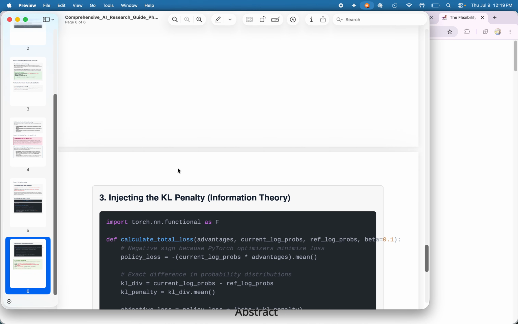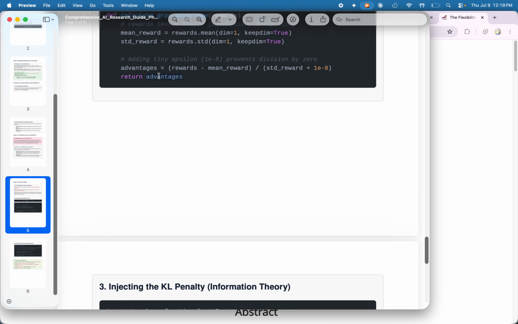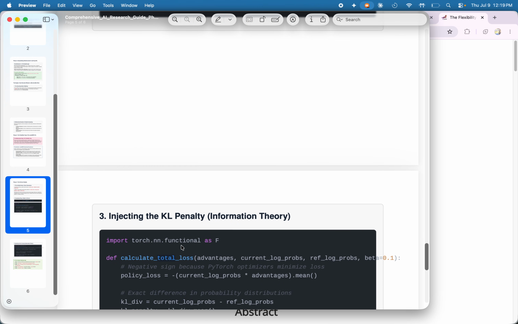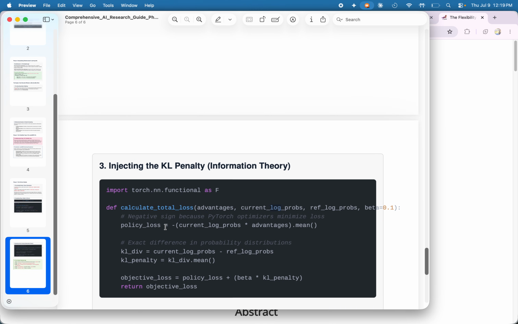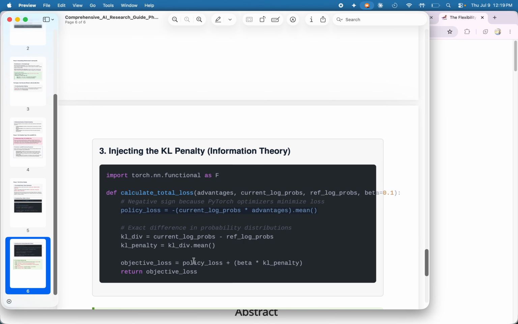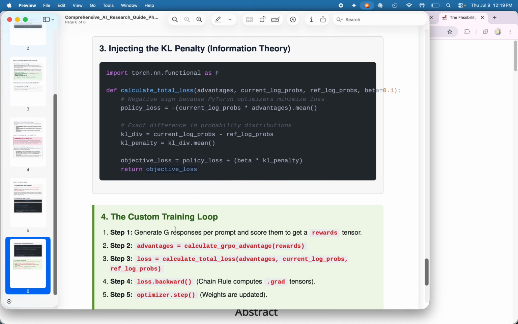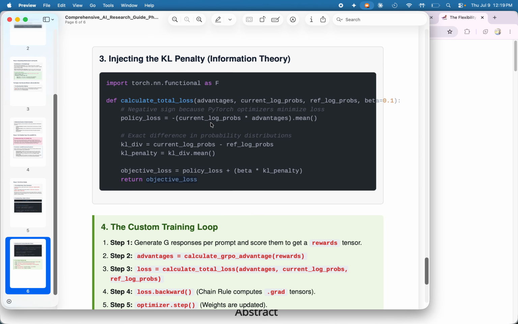To make sure we are not updating way too much, we also do a KL penalty. So we pass the advantages, then current logs, ref logs. So we have the loss and then this is the formula for KL divergence. So we have the objective loss now. So first we calculate the advantage and then we apply the KL penalty.